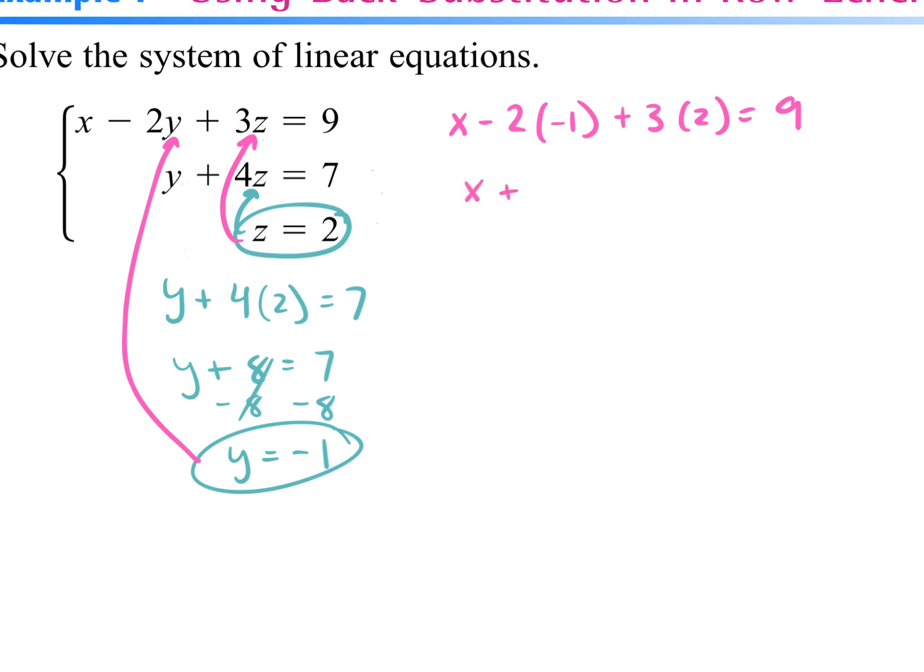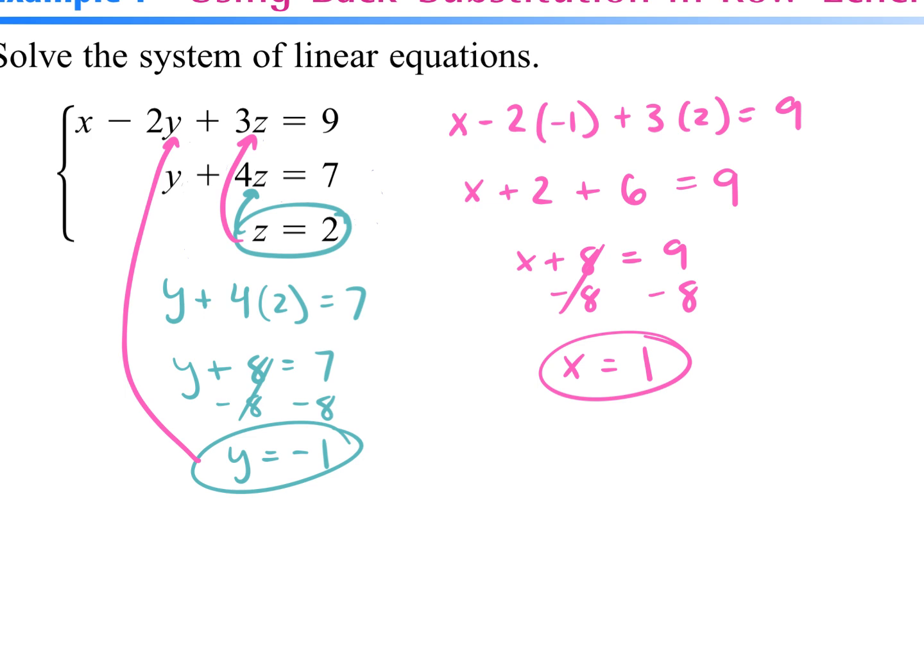So x, this turns into plus 2 plus 6 equals 9. So x plus 8 equals 9. Subtract 8 on both sides, so what does x equal? 1. How would we write our answer? What comes first? The x. So 1, then y would be negative 1 and 2, an ordered triple.